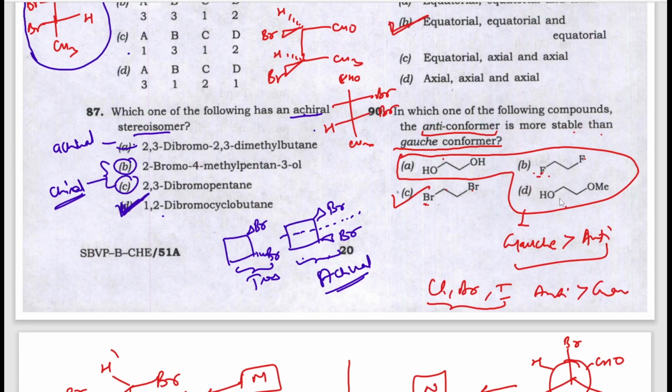And if we compare A and D options, in these cases gauche form is more stable due to the involvement of hydrogen bonding. Okay, so the correct answer of this question is C. In this, due to large size of the bromine atoms, the anti-conformer is more stable than gauche conformer. So C is the correct answer of this question.